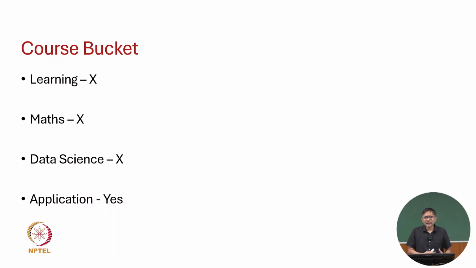So in our IIT Delhi School of AI department, the courses we have divided into 4 buckets: a learning bucket, which includes courses like deep learning, machine learning, or reinforcement learning; a maths bucket, which includes courses like optimization; a data science bucket, which includes courses like data mining, information retrieval; and then an application bucket.